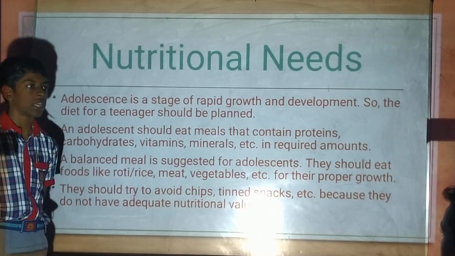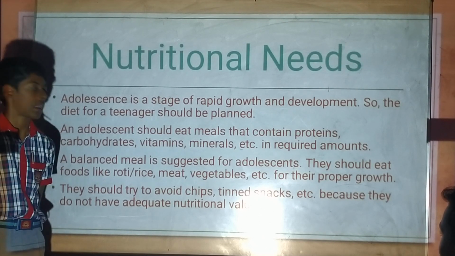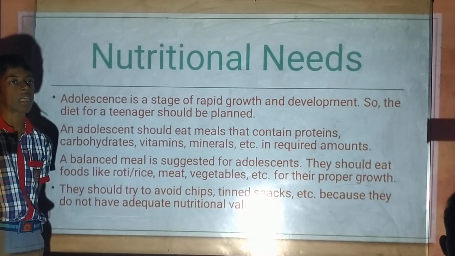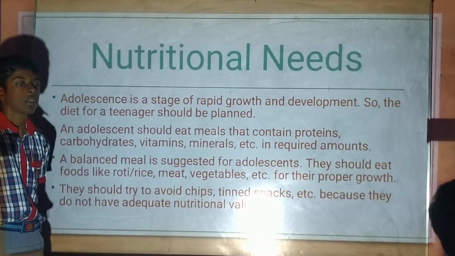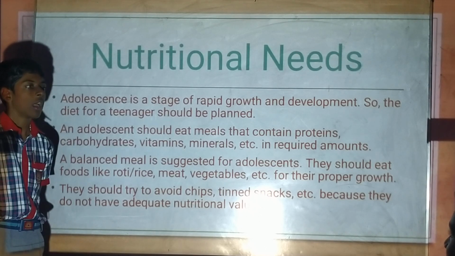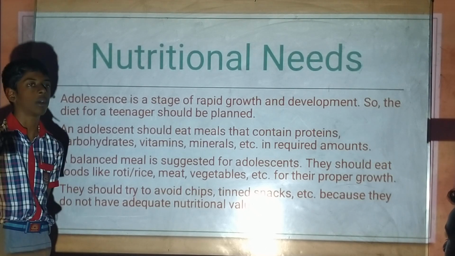Meals like roti, vegetables, sambar, etc. are a balanced diet. During adolescence, children should avoid eating too many snacks, chips, biscuits, etc., because they do not have adequate nutritional value and may cause harm to the body.